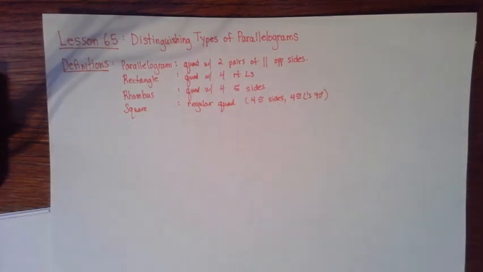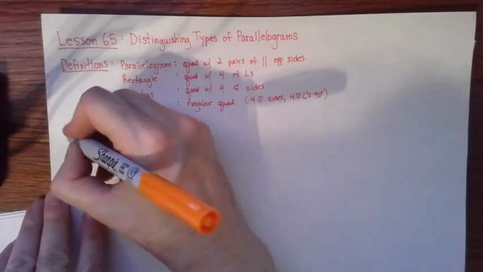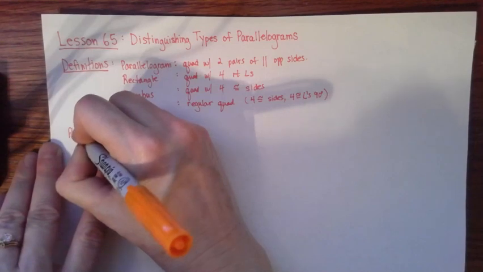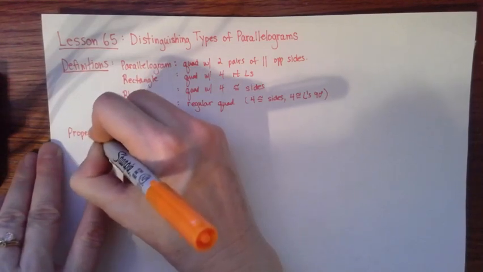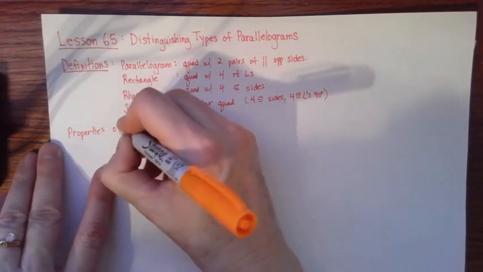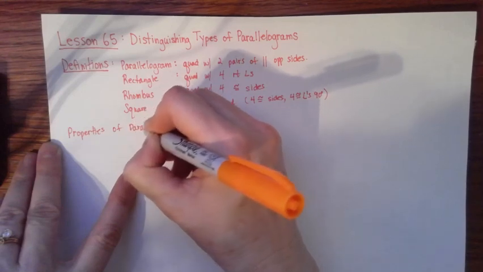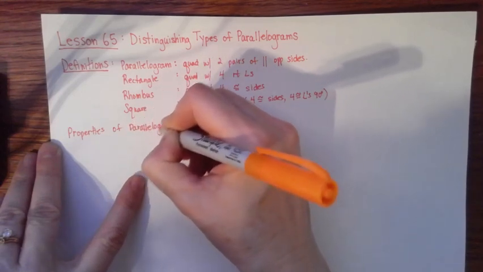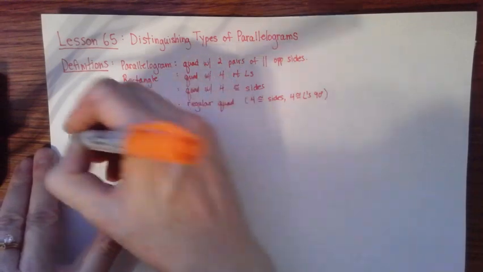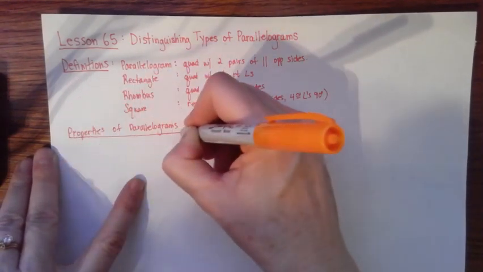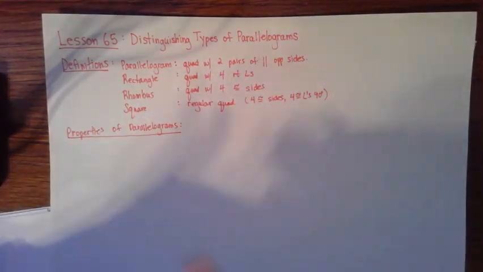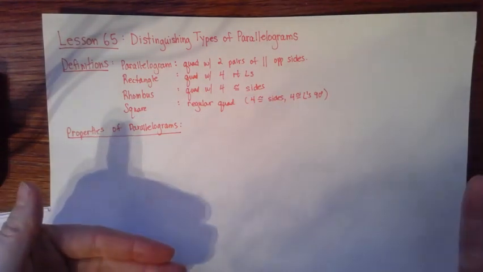Okay, and then we have various properties. In lesson 34, we learned some properties of parallelograms. All of these look like: if I know it's a parallelogram, then this must be true.